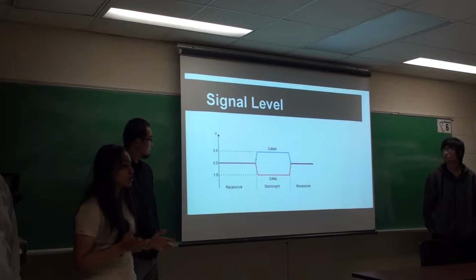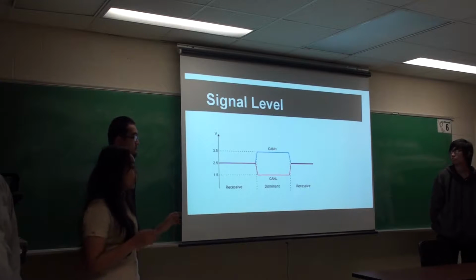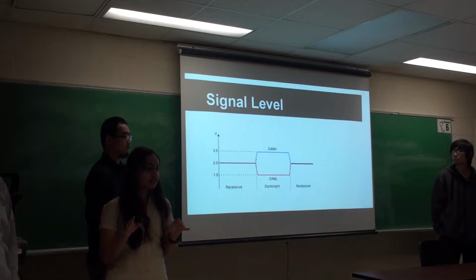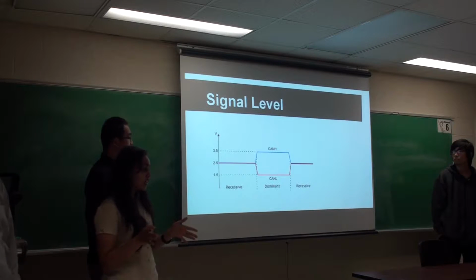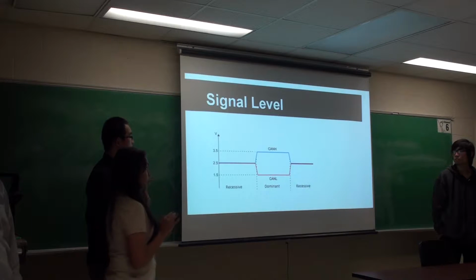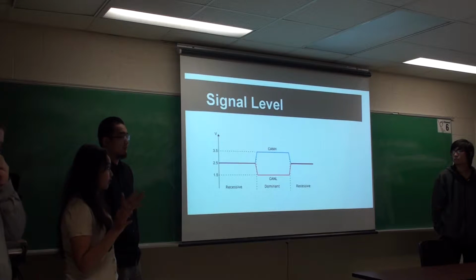So when two nodes are trying to access the bus at the same time, if one node is trying to access it in the recessive state and the other in the dominant state, then the dominant one wins, and the state visible to all the other nodes on the bus would be the dominant state. The node that was trying to access it in the recessive state will have to wait until the bus is free.